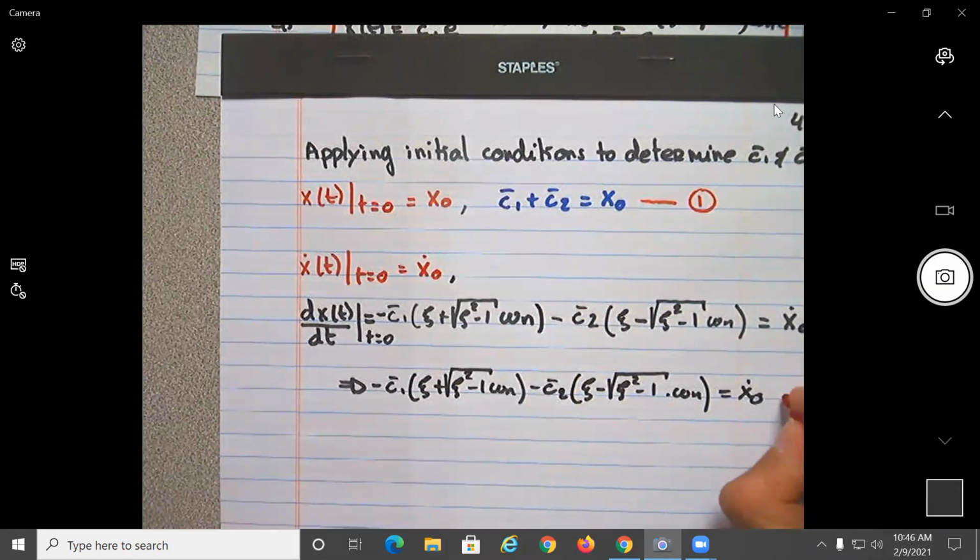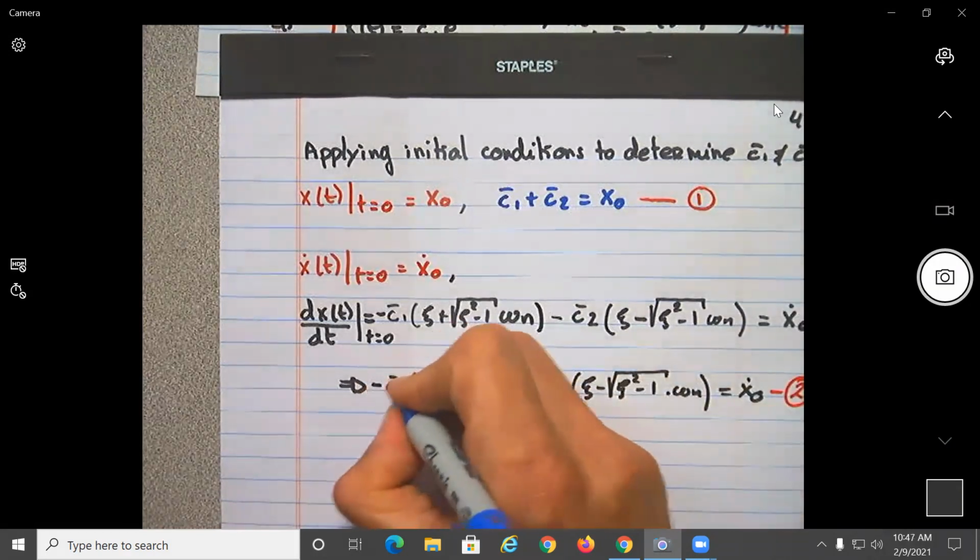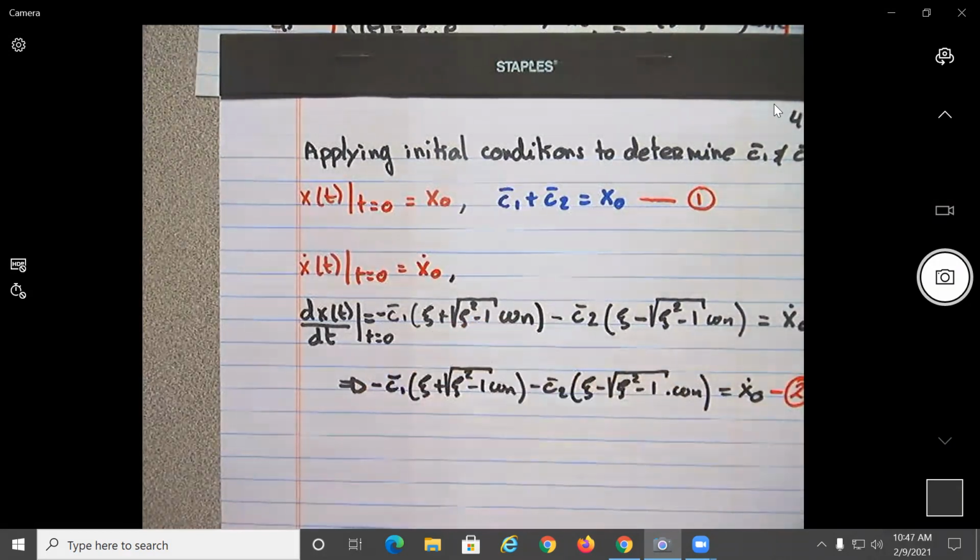So this will be our equation 2. Maybe I should have written this one in blue, but too late.